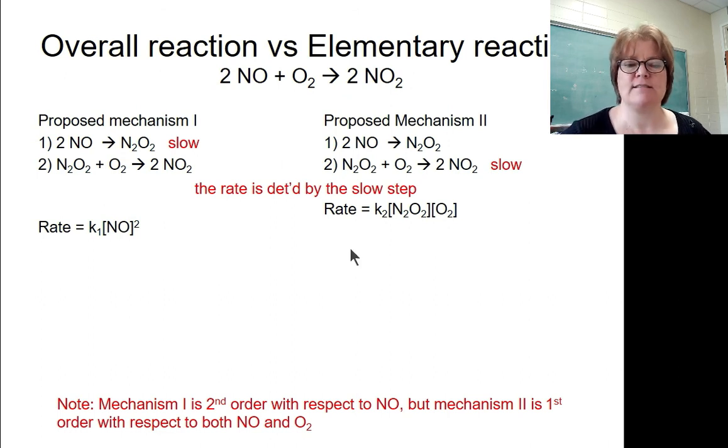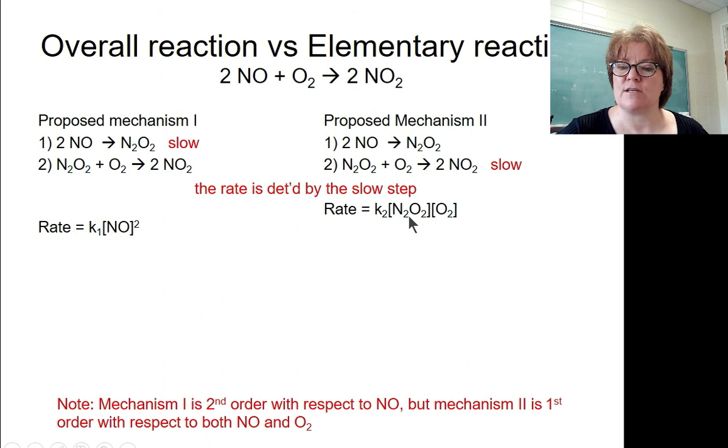So in this particular case, if the first one was the slow step, the rate I would expect is a rate constant with second order with respect to NO and zero order with respect to oxygen. There is no oxygen in the first step. Since this is two NOs, I would expect it to be second order with respect to NO. If I had the second mechanism, where the second step was the slow step, the rate would be k2[N2O2][O2].